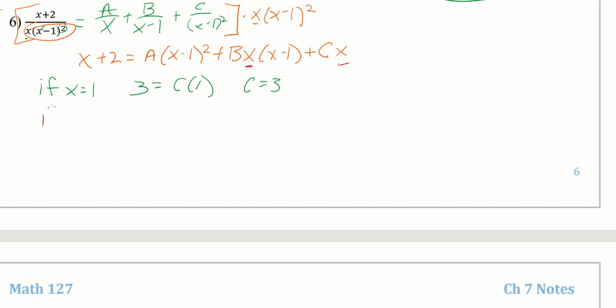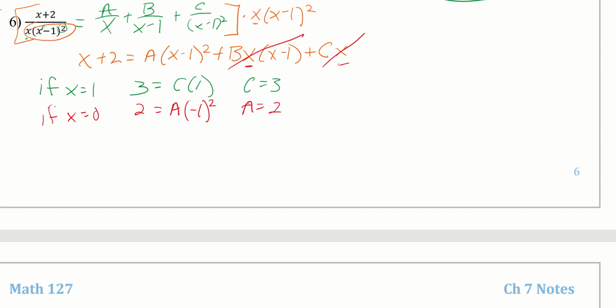So if x is equal to 0, on the left-hand side I have 0 plus 2, so 2. Now here I have a, 0 minus 1, so negative 1 squared. Now this is 0 times that, so this goes away, and 0 times c, so that goes away. Right, so I'm left with this.